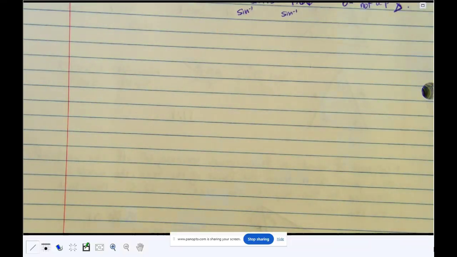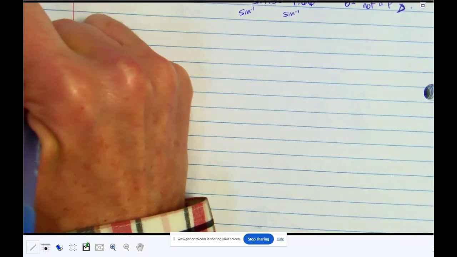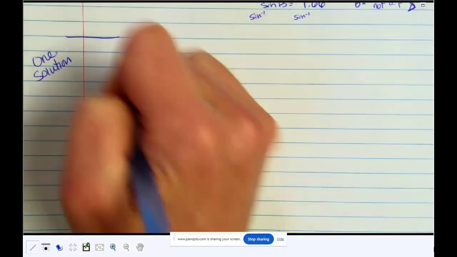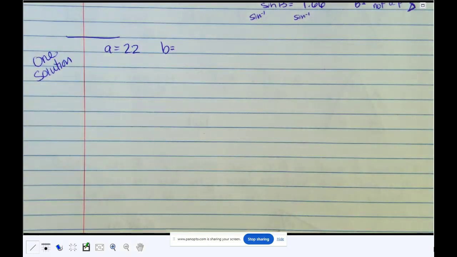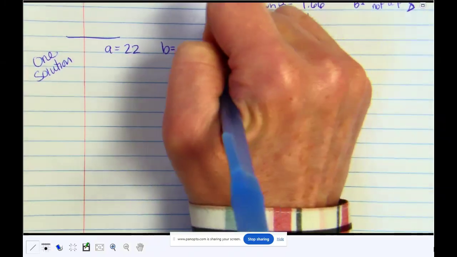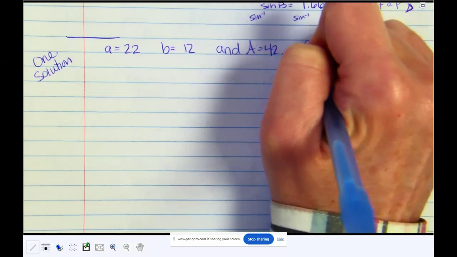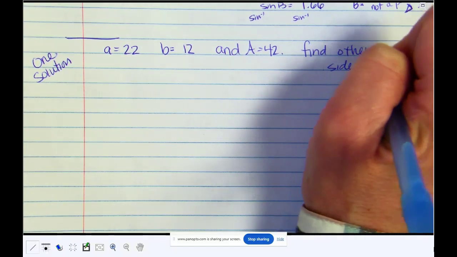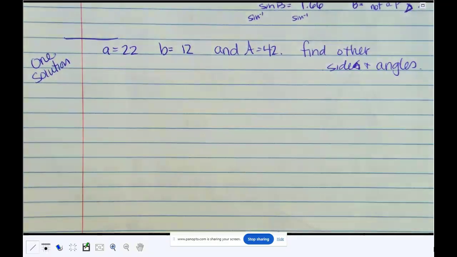Okay, so this one would be 1 solution. Okay, there you go. Other side. So there you go. I've got another triangle.